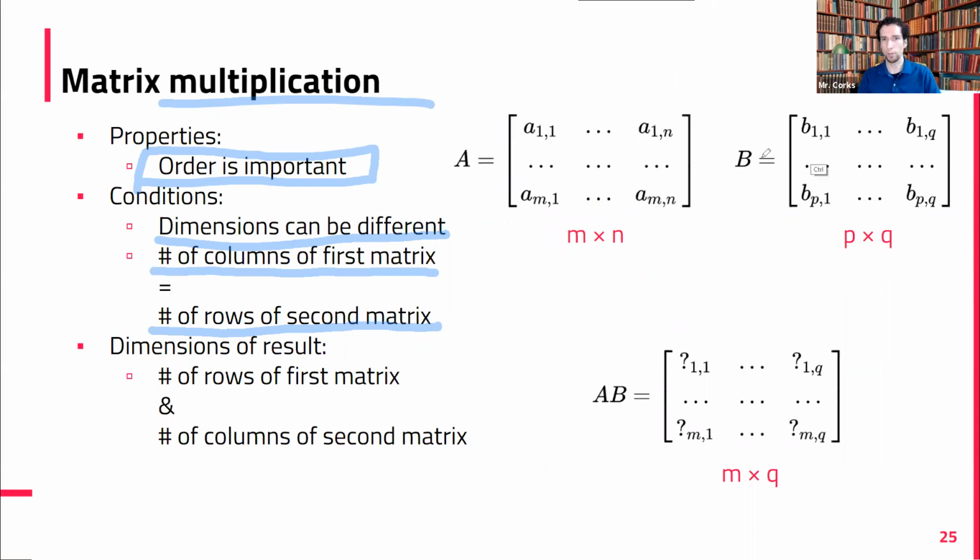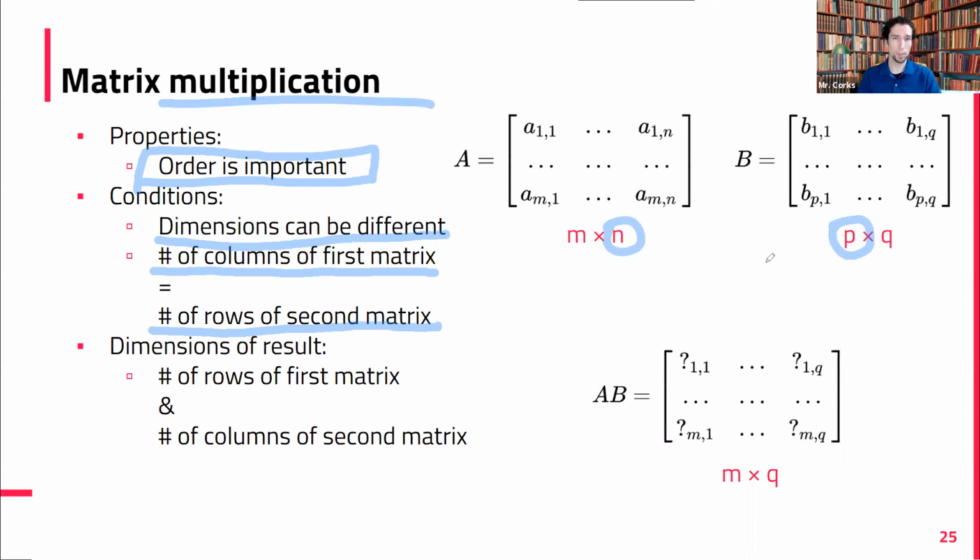And then we also have matrix B, which is a P by Q. Columns of the first matrix, that's N, must equal rows of the second matrix, that's P. So these two numbers must be equal.